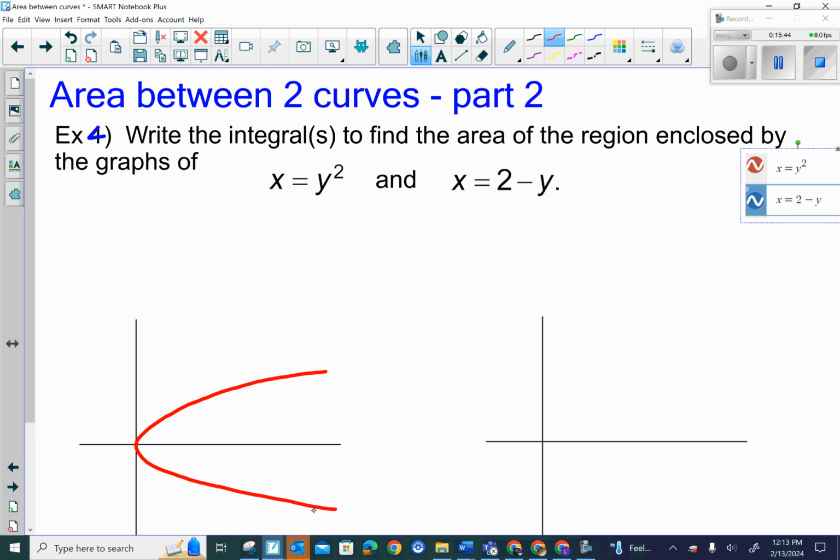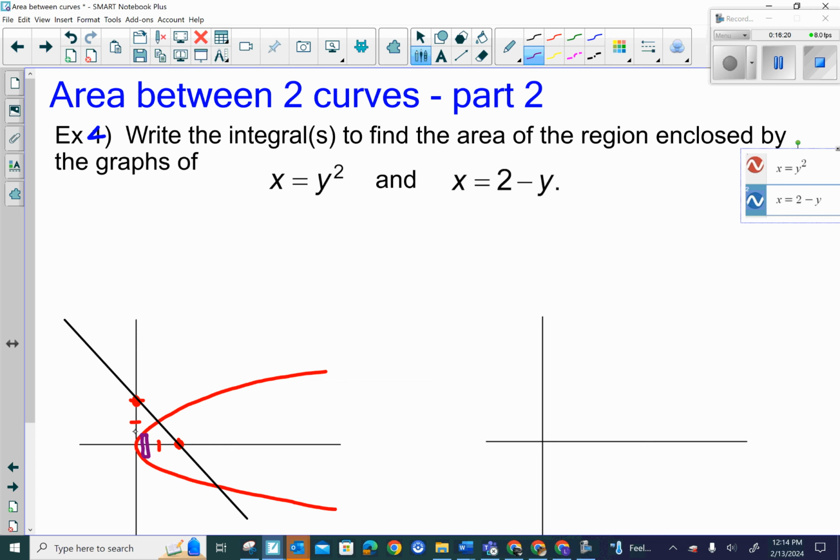It looks kind of like that. And for 2 minus y, if x is 0, y would have to be 2, and if x is 2, y is 0. I know it's a line, so I'm looking at something along the lines of this. Pun intended. Now the area that I'm looking at is this area right in here.